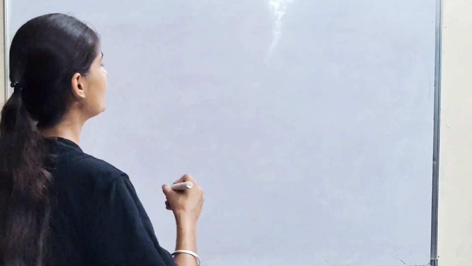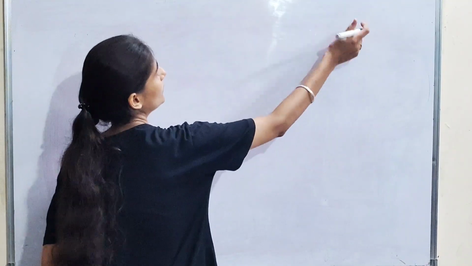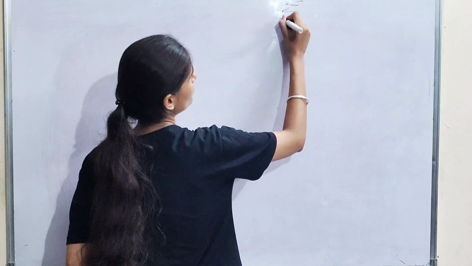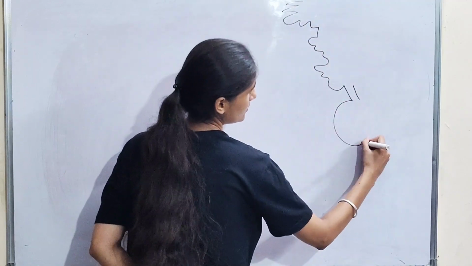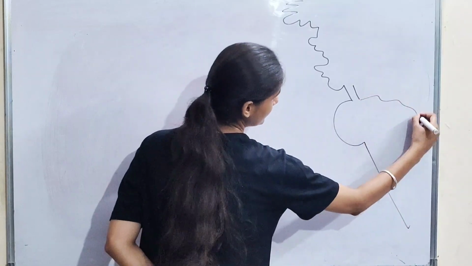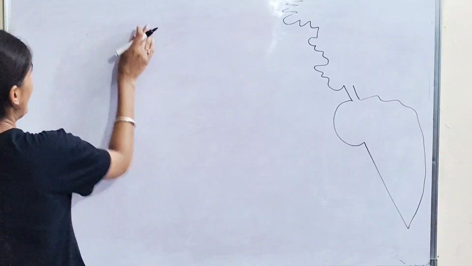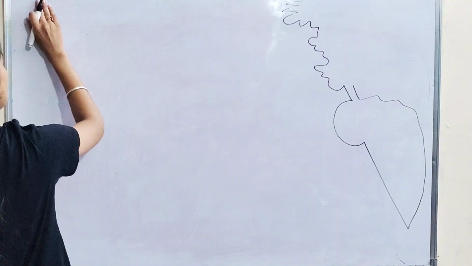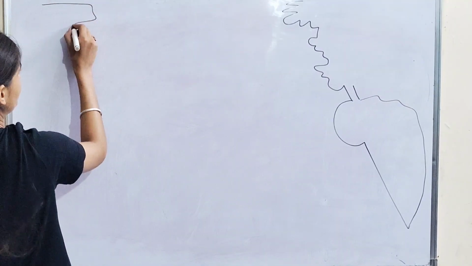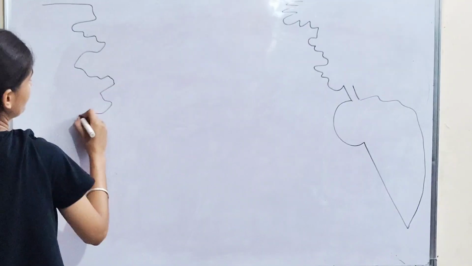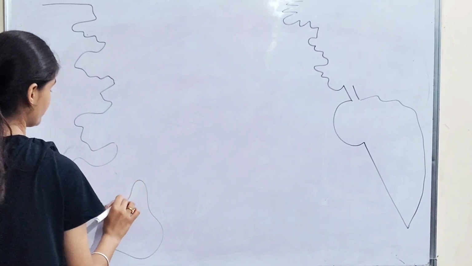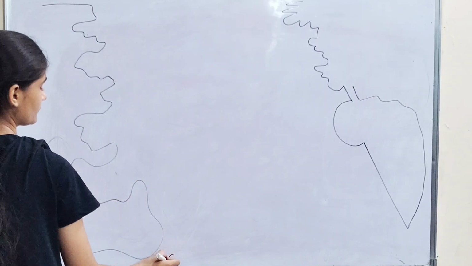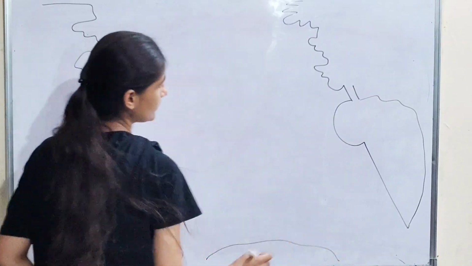Okay. So now we'll start with the Pacific Ocean. Again we'll draw North America, South America, and here we'll draw Asia, and this is Australia.